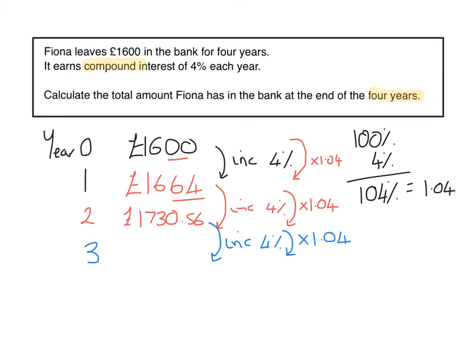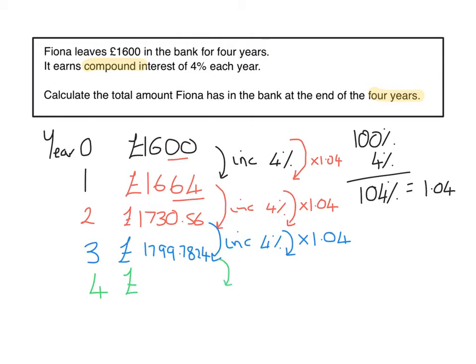So we've got £1,730.56 times 1.04, and I've got 1799.7824.